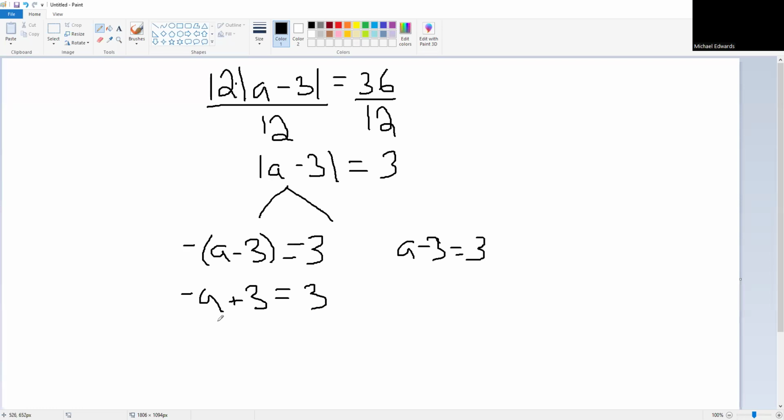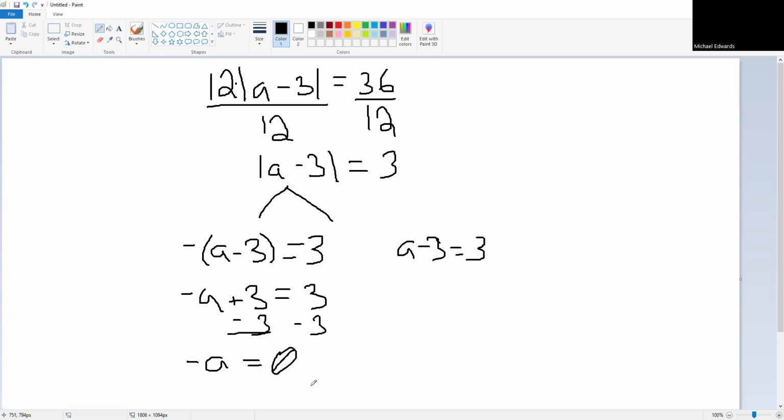And let's just copy this or get this 3 over. So negative a, this is minus 3. And negative a equals 0. Oh, now did I do something wrong, or is that right?